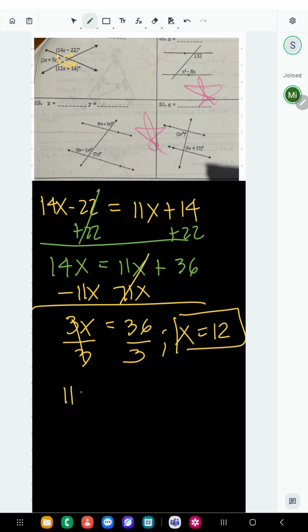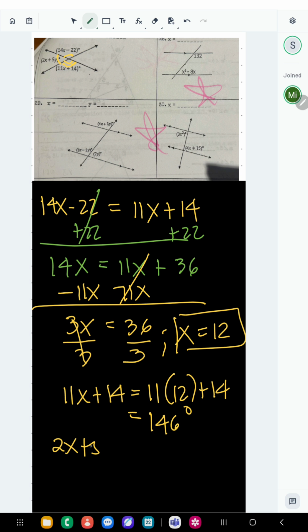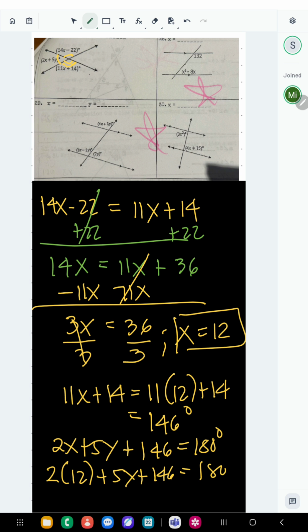We plug in 12. 11 times 12 plus 14. So what is that? So 146 degrees. Therefore, 2x plus 5y plus 146 equals 180 degrees. And then we plug in 12 here. 2 times 12 plus 5y plus 146 equals 180 degrees.